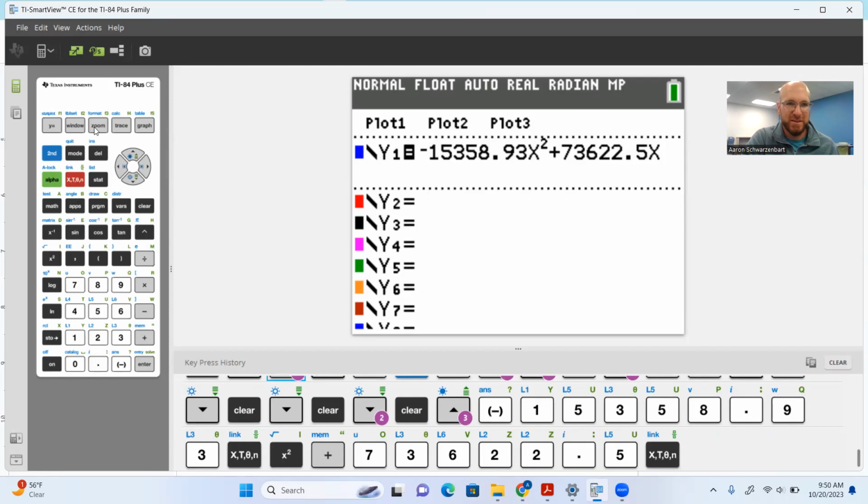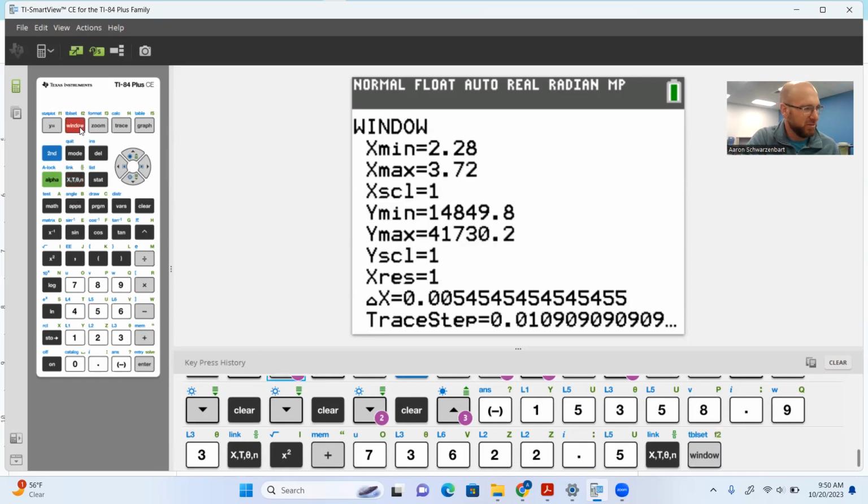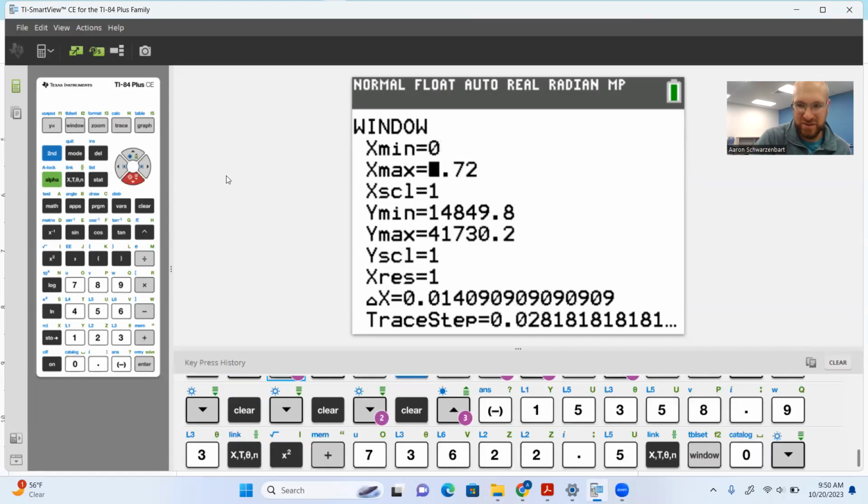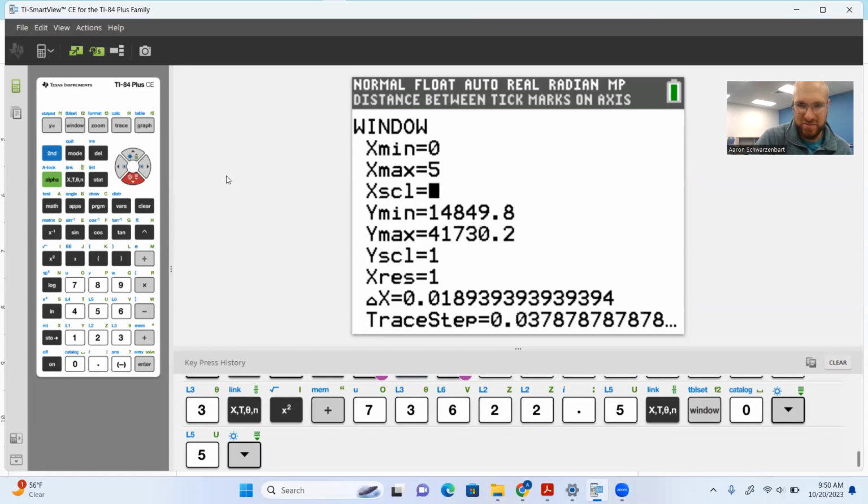Now I'm going to have to find the window that's going to work for this. I'm guessing my maximum revenue, the data went from like 0 to 3 point something. I think we're going to widen this out to 0 to 5. My y min, I'm going to set as 0.